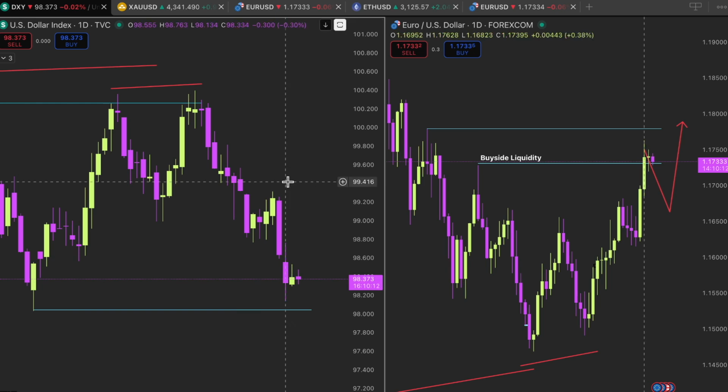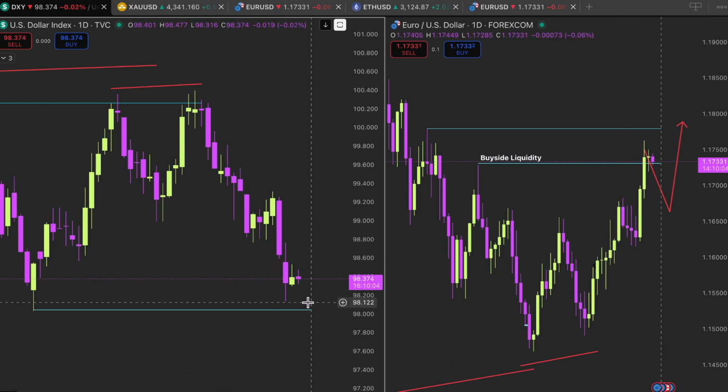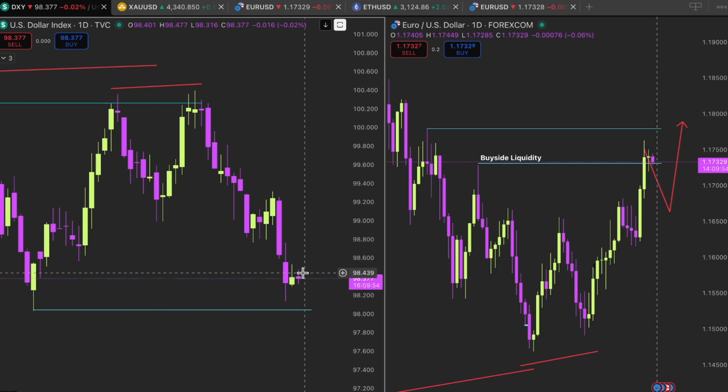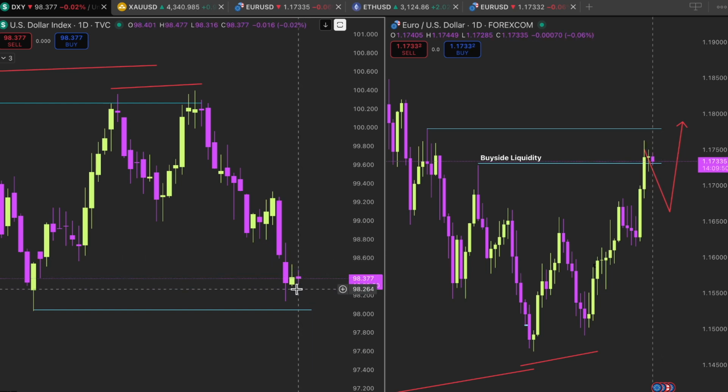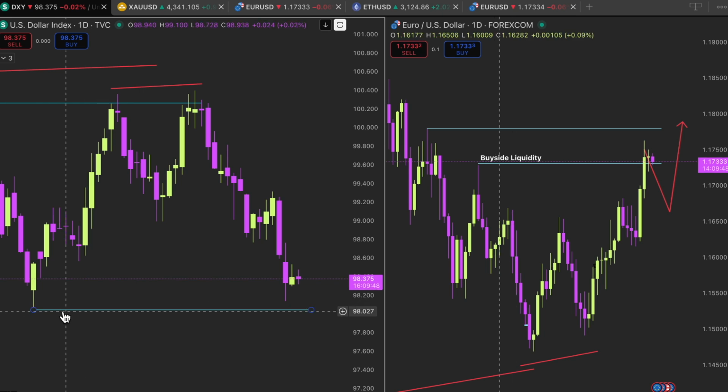So it's interesting to see what CPI will be doing in comparison to its forecast, and then we can see how the dollar reacts to it. Ideally we want the actual number to be lower than the expected CPI, because this means the dollar will show its weakness, and then I expect this low to get taken for sure.